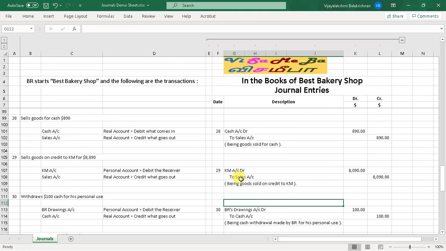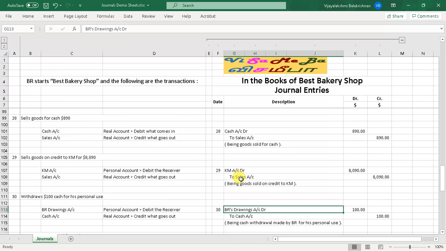Withdraws $100 cash for personal use. Now BR withdraws from what he has invested into Best Bakery Shop. He withdraws $100 for his personal use. So that's BR's drawing account. Debit the receiver because it's BR, it's a person. So his capital account is different from his drawings account, but later we will deduct it from his capital to find out the net capital invested.